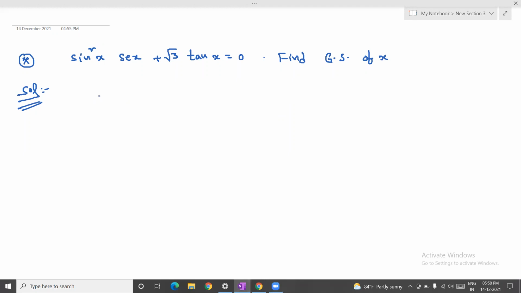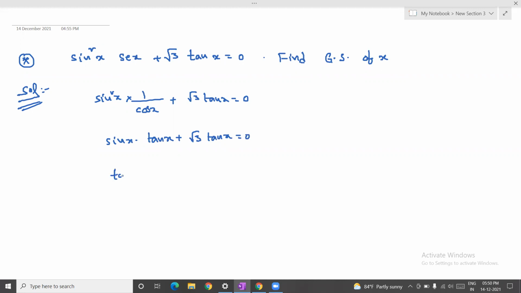No, sir. Yeah, sin square x. Secant x I'm writing as 1 by cos x, plus root 3 tan x is equal to 0. So the sin square x over cos x, this will be sin x into tan x, plus root 3 tan x is equal to 0.